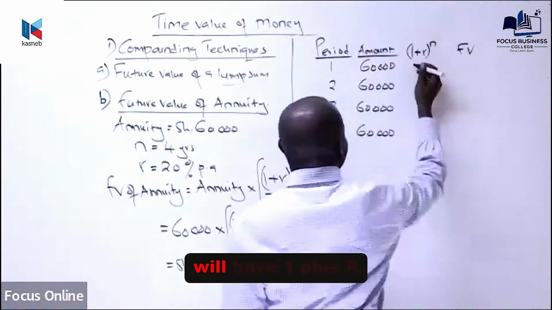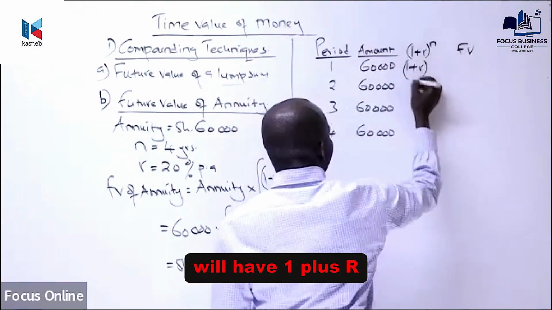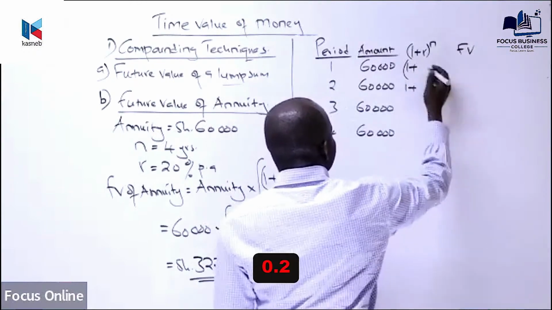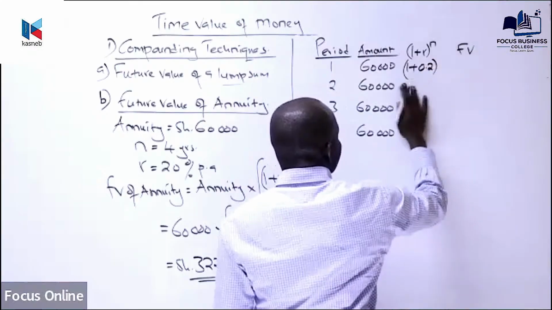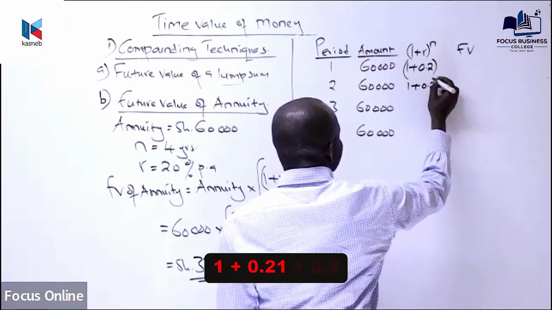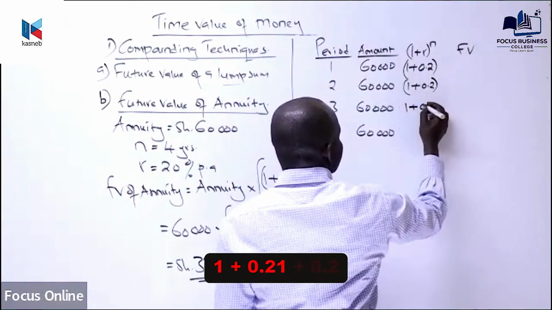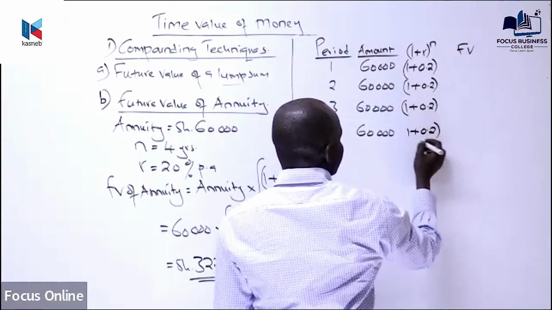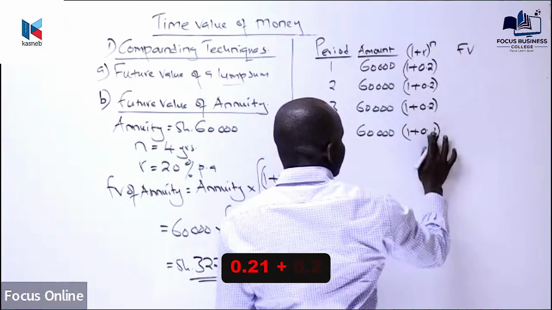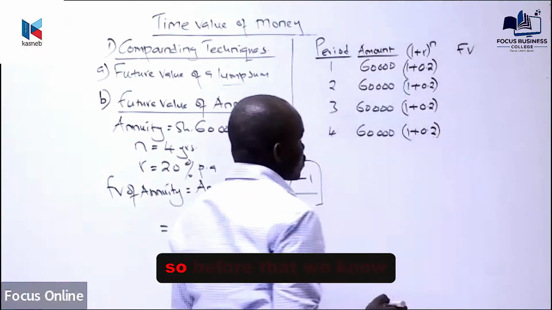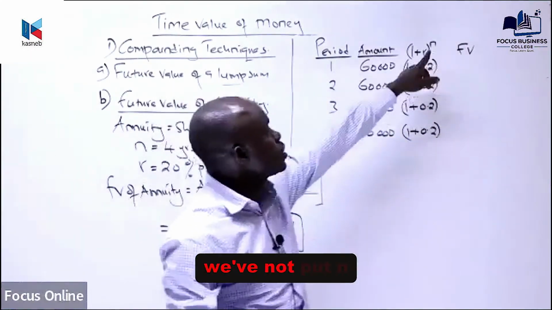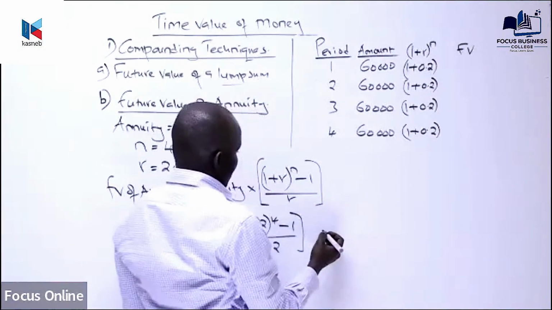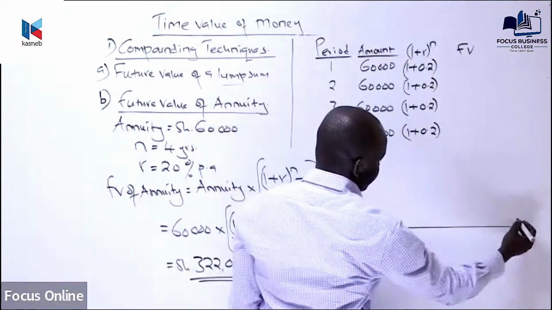So here we will have 1 plus R. This is 0.2, so 1 plus 0.2. Before that, we know we've not put n. That is what I want to illustrate here.